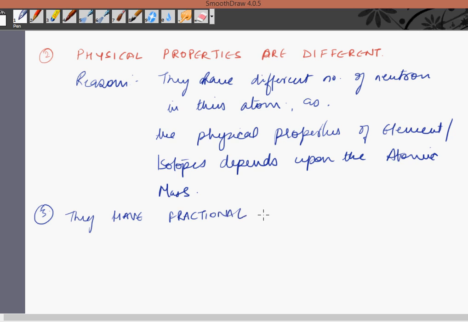So let me describe you by this, as the atomic mass of many elements are in a fraction and not in a whole number. For example, atomic mass of chlorine is 35.5, whereas copper is 63.5. Why? As the fractional atomic masses of elements are due to the existence of their isotopes having different masses.